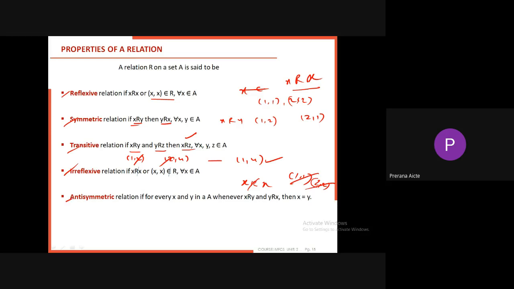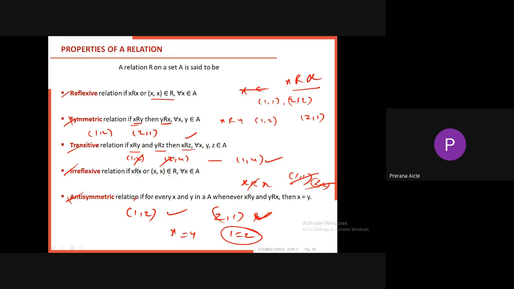And coming to the antisymmetric relation, it is an important one. It is the opposite of symmetric. In a symmetric relation, if (1,2) is there, (2,1) should be there. Antisymmetric means if (1,2) is in the relation, then (2,1) should not be present. If (2,1) is also present, then x equals y, meaning 1 equals 2, which is not possible.